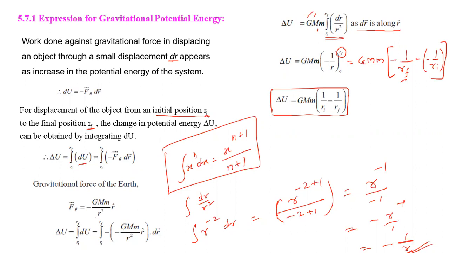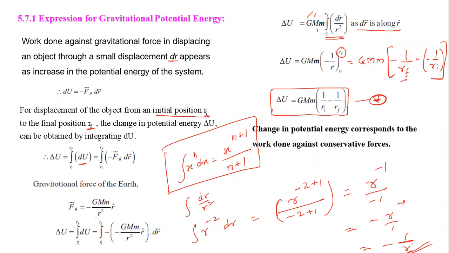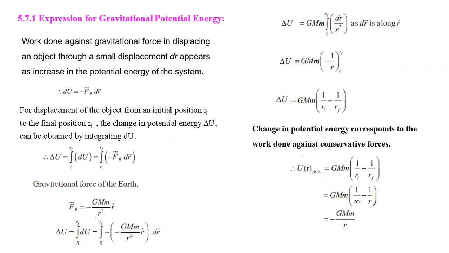Then after substitution of the limits, we get this as the increase in potential energy, the change in potential energy corresponding to the work done against the conservative force. So here we can consider that if Ri is equal to infinity, the point with zero potential energy, this is the initial point, at infinite distance.